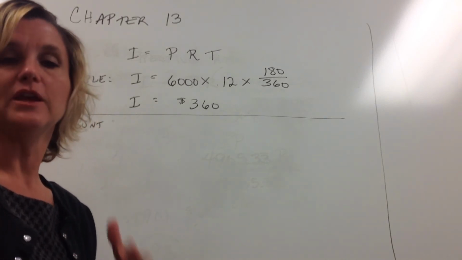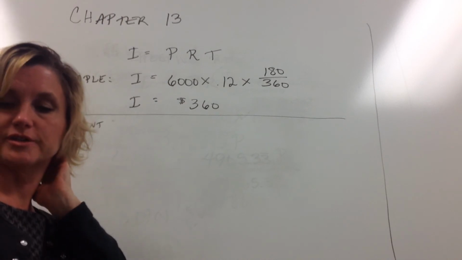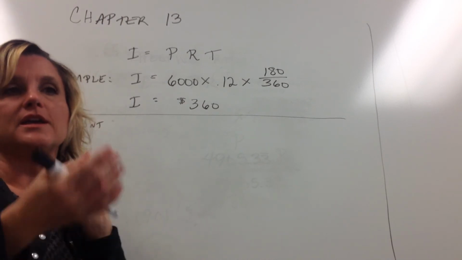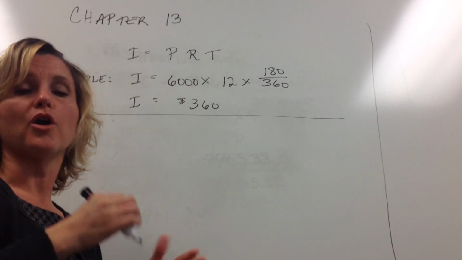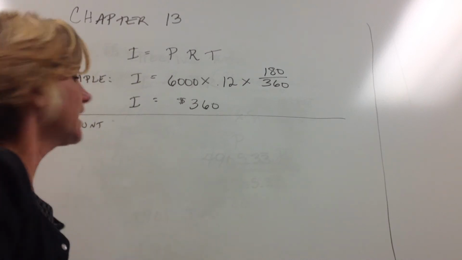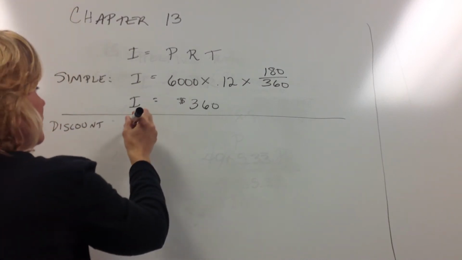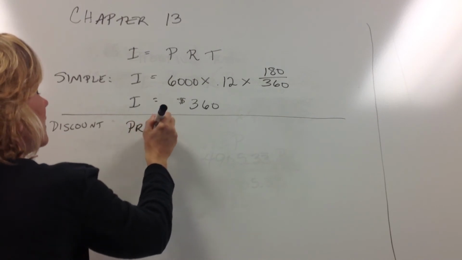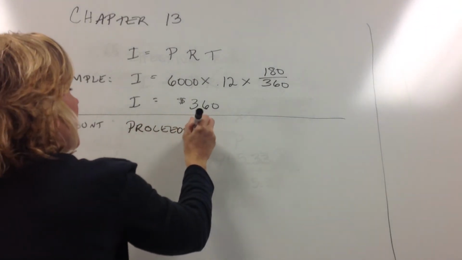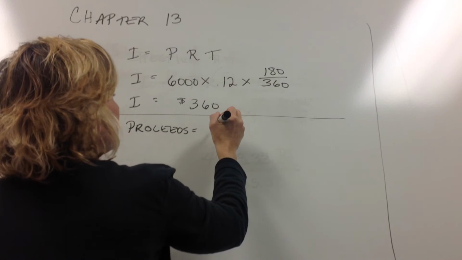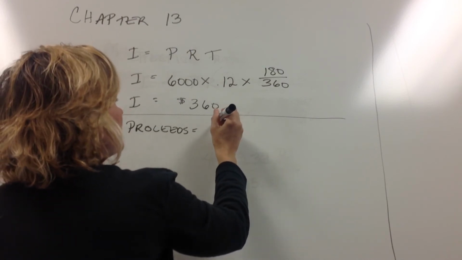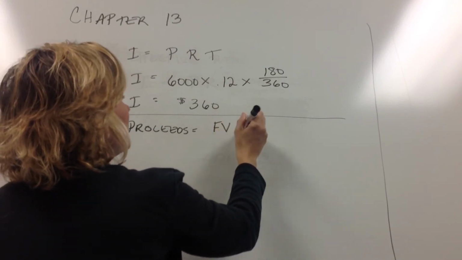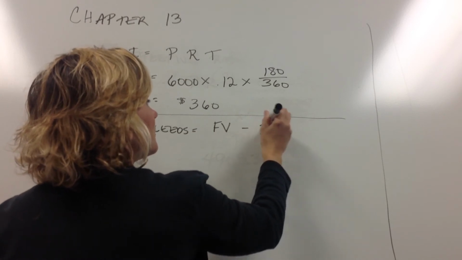Now then if we compare that to the discount, then this makes you think a little bit deeper into it, because if he needs $6,000 to buy this motorcycle, he's going to effectively have to borrow more in order to net the $6,000. So if we would go back to our formula where our proceeds is going to be the face value minus the interest.